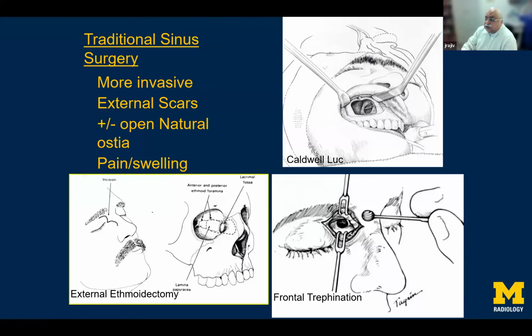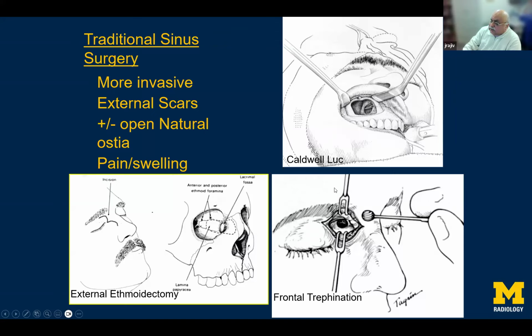Coming again to the traditional sinus surgeries, the initial one was the Caldwell-Luc, where you used to make a hole in the canine fossa and then try and drain the maxillary sinus. There was this external ethmoidectomy. We used to go back and remove portions of the medial wall of the orbit and try and focus and remove the ethmoid bulla.